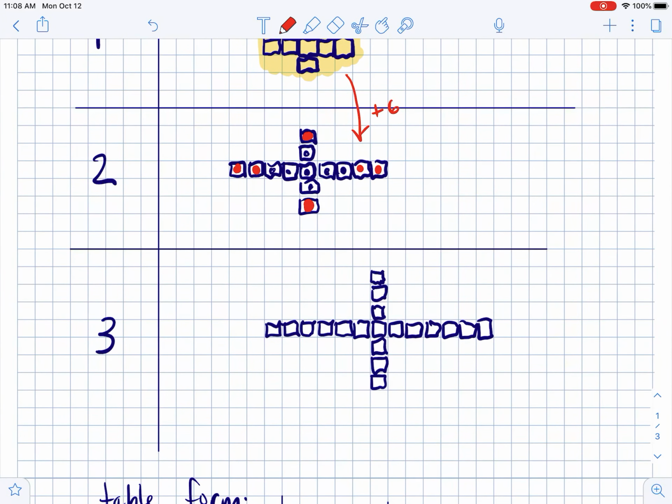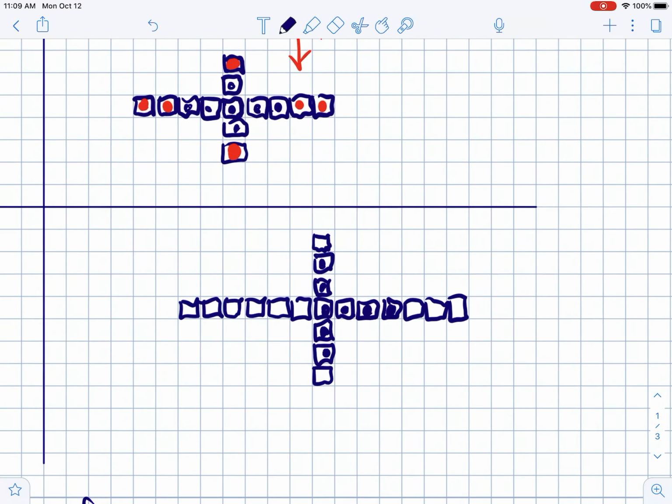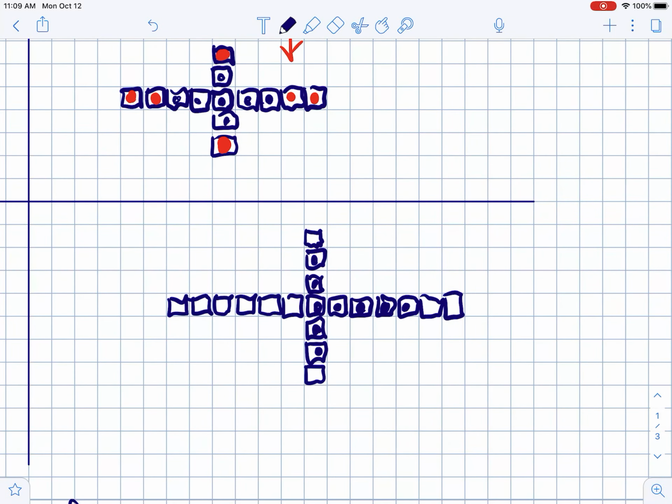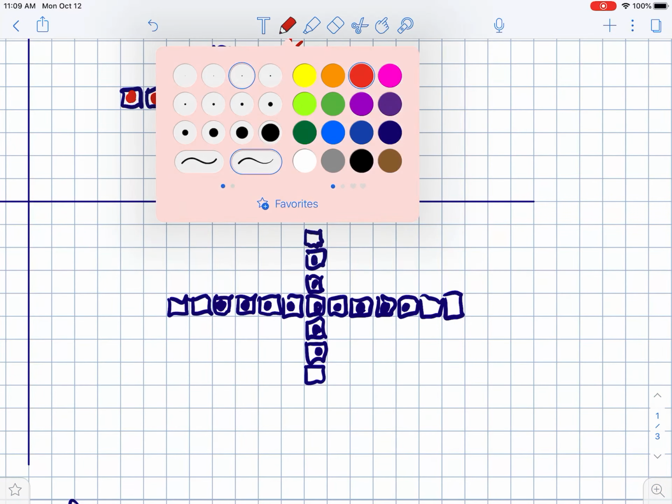If I look at the third figure, it's grown again. In the middle, the second figure had 1, 2, 3, 4, 5 on the vertical, and then 4 on either side of the middle. I'm highlighting the figure 2 block so we can see how it grew to get the figure 3 block.